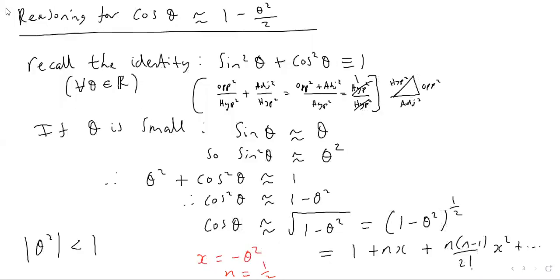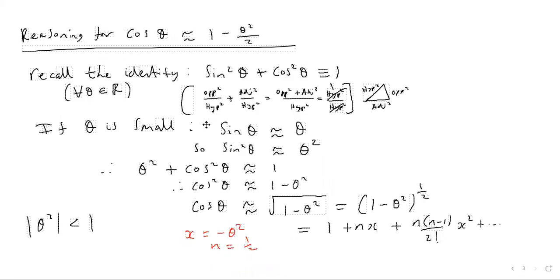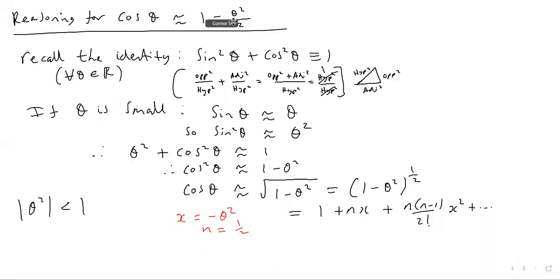Let me do that again, including the whole thing. We get 1, and then n is a half, so plus a half, times x, which is minus theta squared, and then plus the rest of these. We actually don't need to worry about the rest of these, because you'll see right now we get the result. We get 1 minus a half theta squared, which is what we wanted to start with.